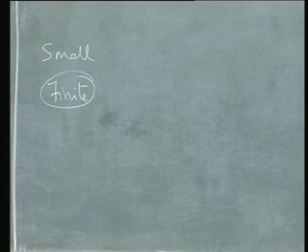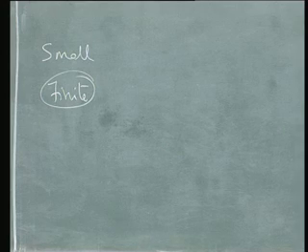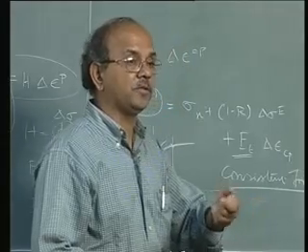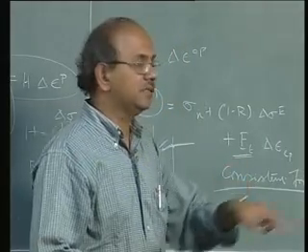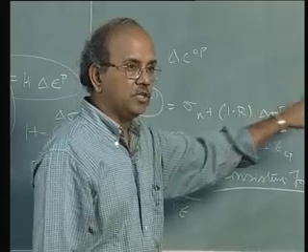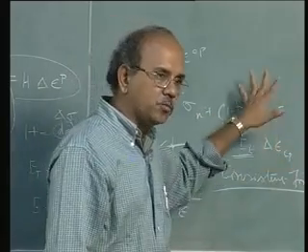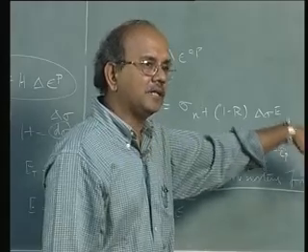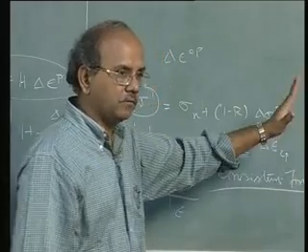In other words, the change in length to original length, that original length business is now going to be changed, that there is a difference between the original length and the current length, then I will go to finite, or else we will keep to small. So, whatever we are doing now is only small deformation. So, we have not come to finite deformation. We will see that later in the course.